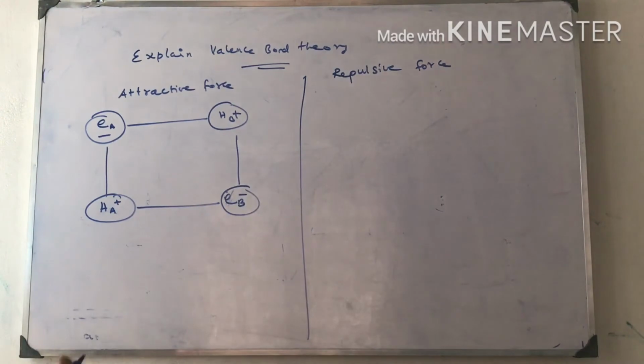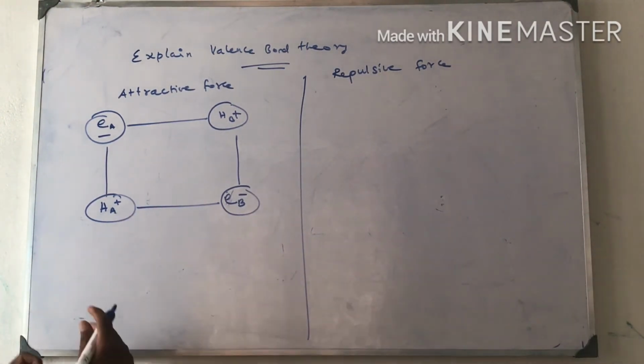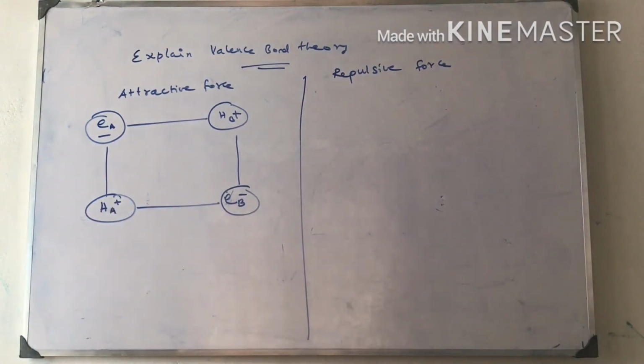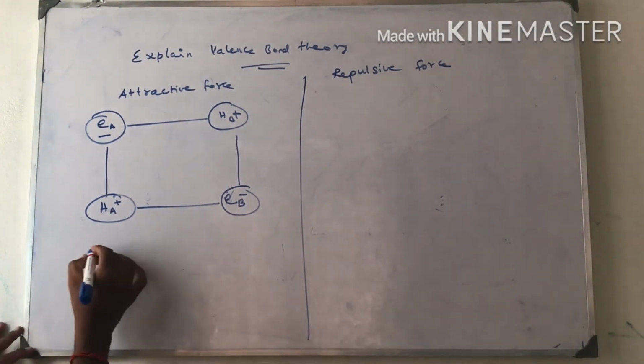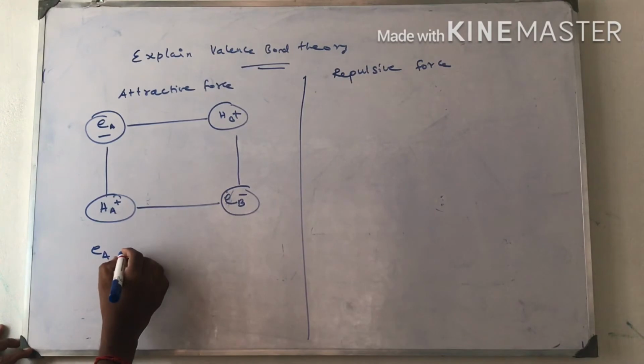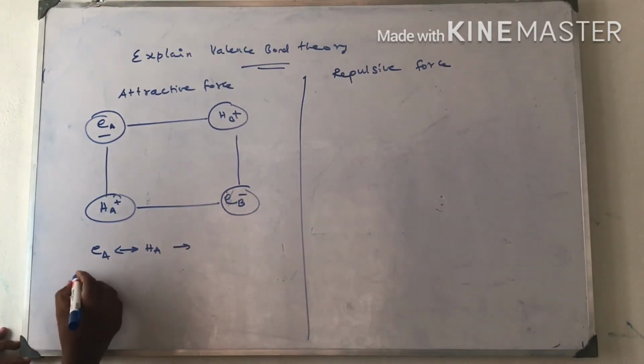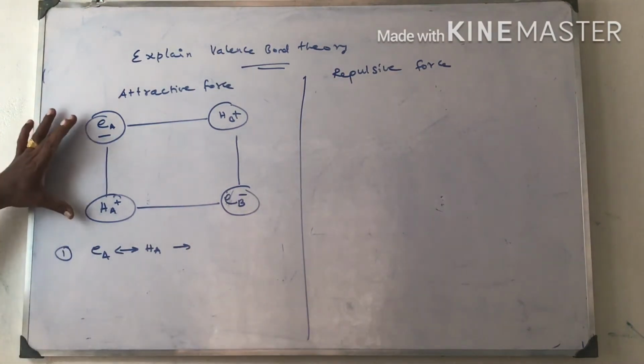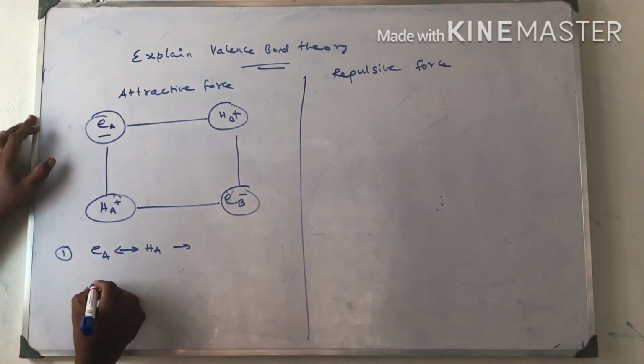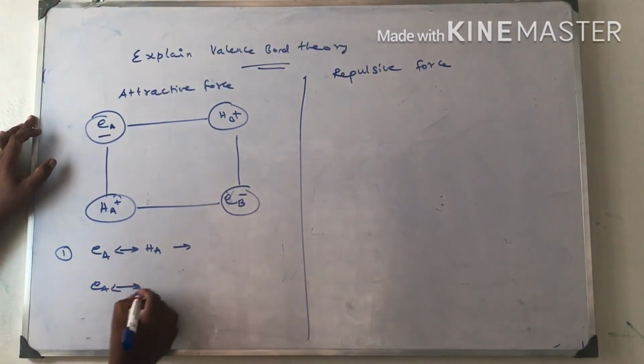So this is attractive interaction. The attraction between the nucleus of one atom and the electron of the other atom. EA attracts HB. This is one type of attraction. The attraction between the electron and the nucleus of its own atom, EA and HA.